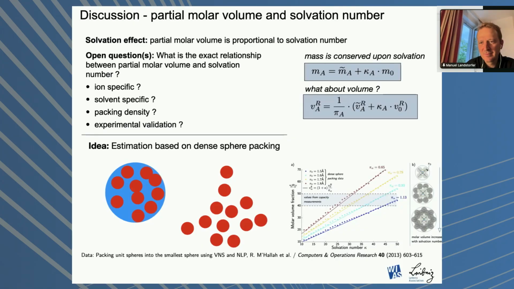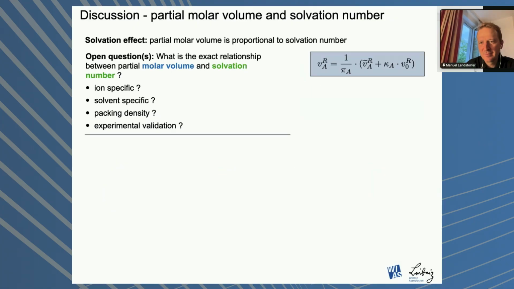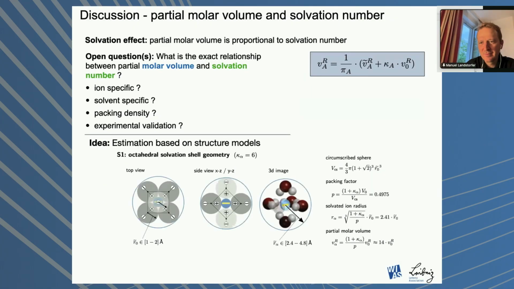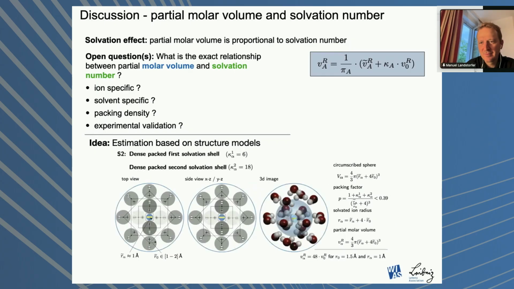What is the packing density of 20 spheres into a larger sphere? This is what you see here on the right, and this is trying to get in the direction of relating the molar volume and the solvation number. You can also provide structure models. For the first solvation shell, these structure models are pretty well known because you can get them with XPS. But for the second shell, it's a little bit more complicated.